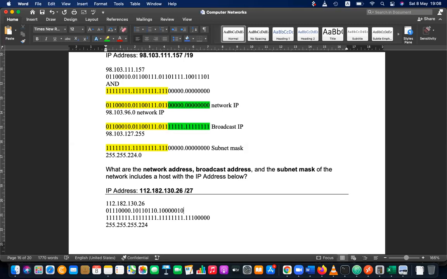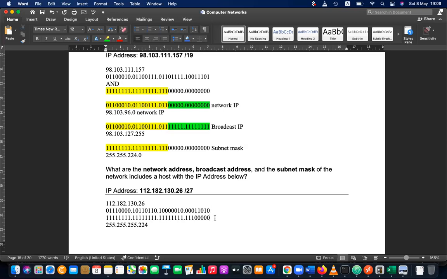Okay, then 26: 3 zeros, 1 1 0 1 0. So this is 16 plus 8 is 24, plus 2 is 26.